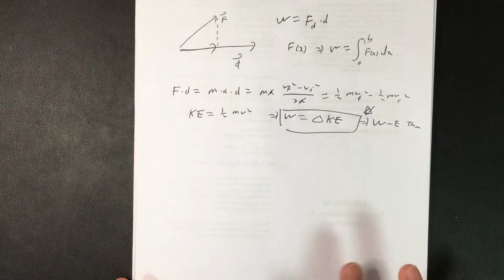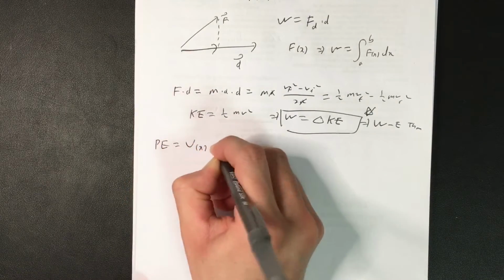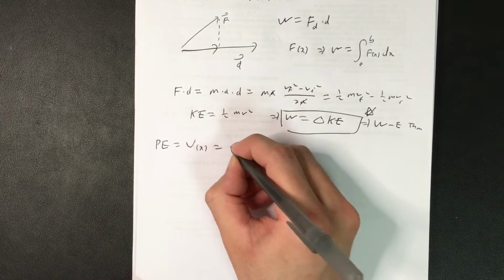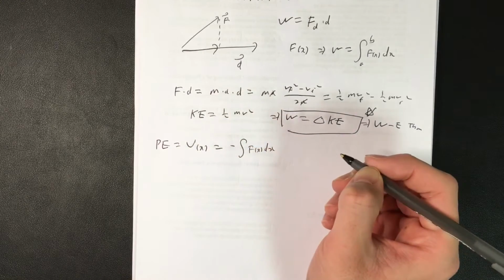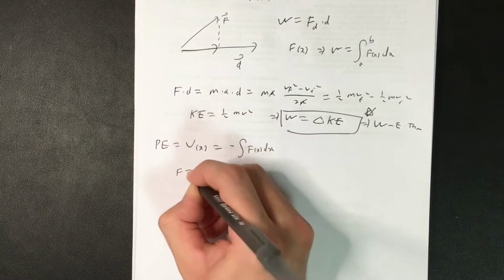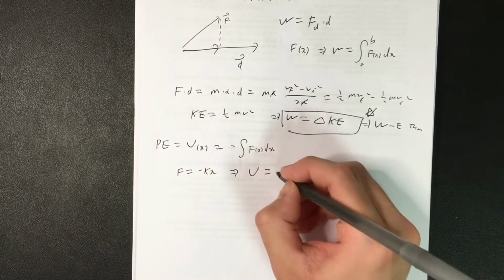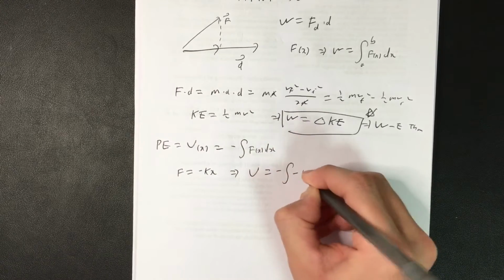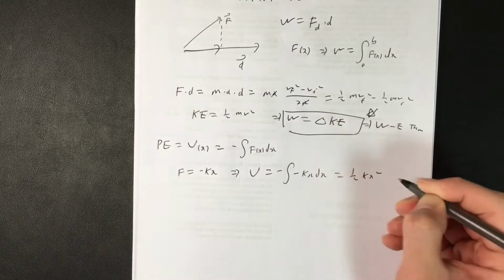There's also an energy quantity called the potential energy, which is denoted as U of x. And the definition of U of x is the negative integral of the force with respect to position. So for example, if the force law equals negative kx, then the potential energy equals the negative integral of minus kx dx, which is 1/2 kx squared.